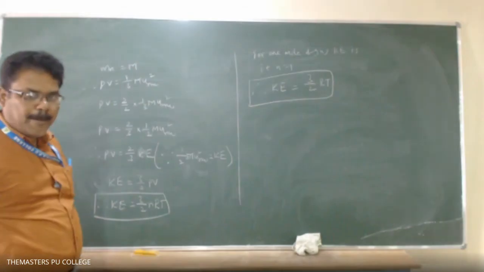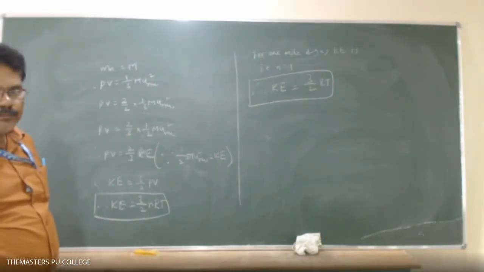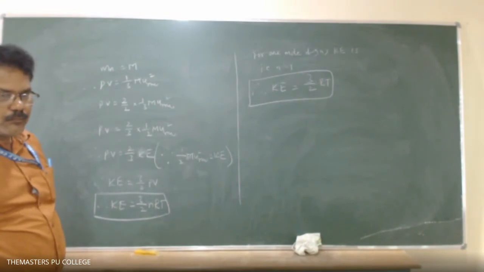Copied? Sir, what is that, sir? The first step here, left side, M into n. The kinetic gas equation, what I gave: PV equal to 1 by 3 Mn U square.